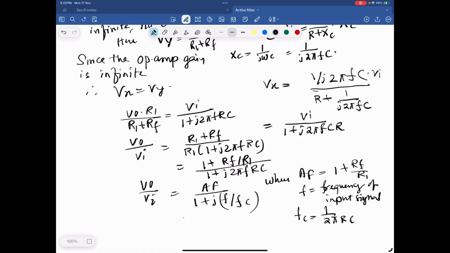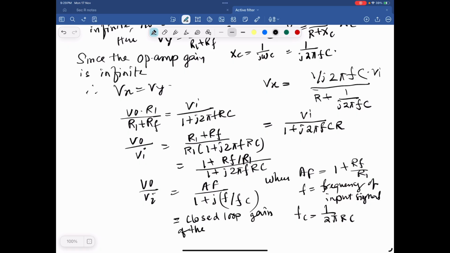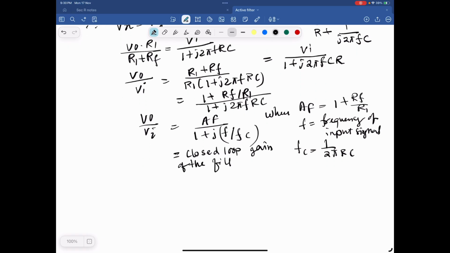So this is called the closed loop gain of the filter as a function of frequency.